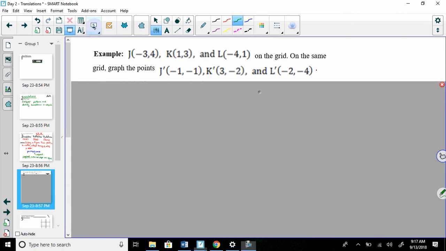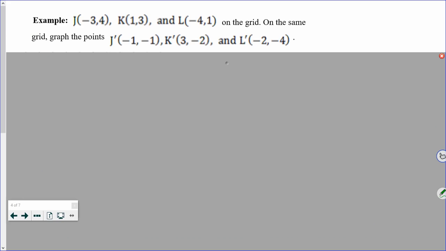So let's take a look at example 1 here. Example 1, we have triangle JKL, with the points J is negative 3, 4, K is 1, 3, and L is negative 4, 1. So please take time, pause the video, and graph triangle JKL.